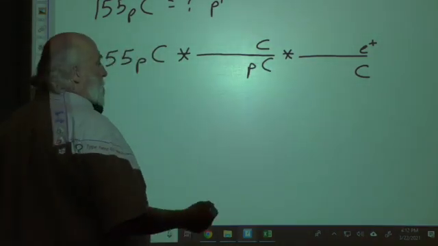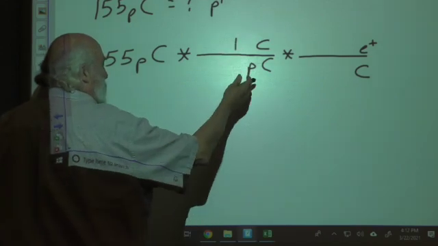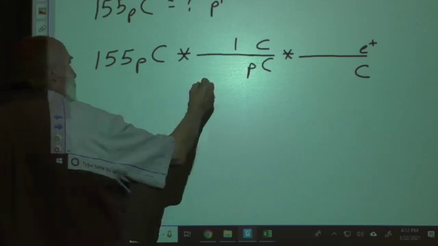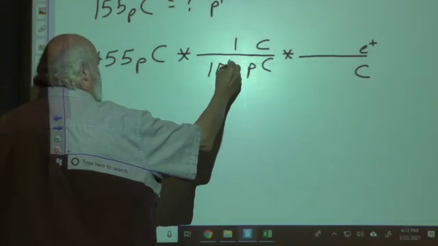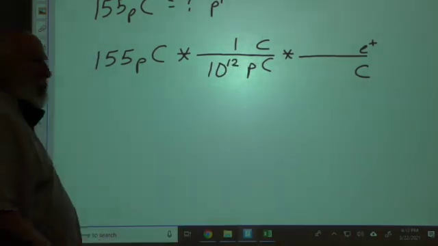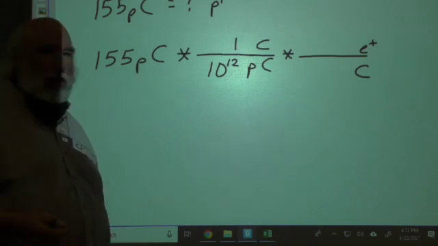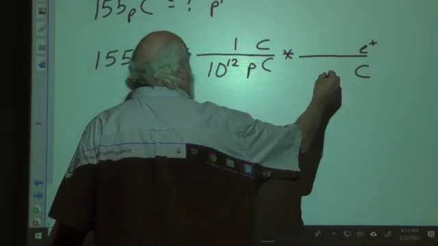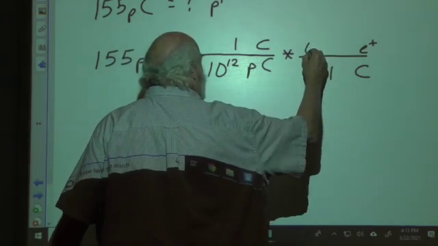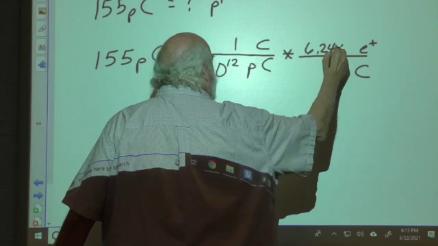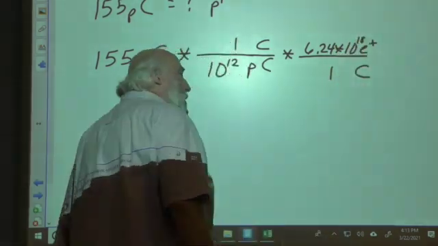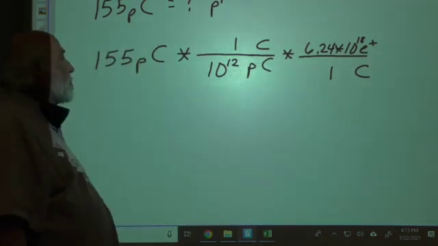Okay, so now we put our numbers in. There's 1 coulomb. Pico is really small, so the 1 goes by the coulomb. And pico, the number that is associated with it, is 10 to the positive 12. And remember, we don't use negative exponents in our conversions. Then, 1 coulomb is defined as 6.24 times 10 to the 18th electrons or protons.